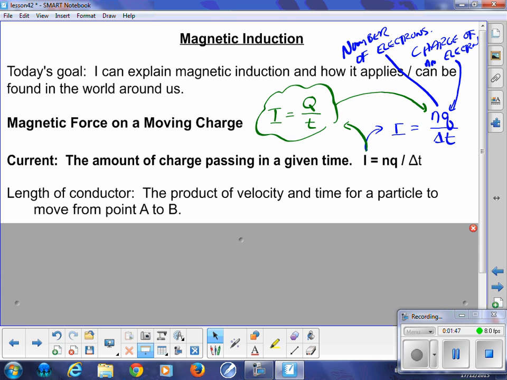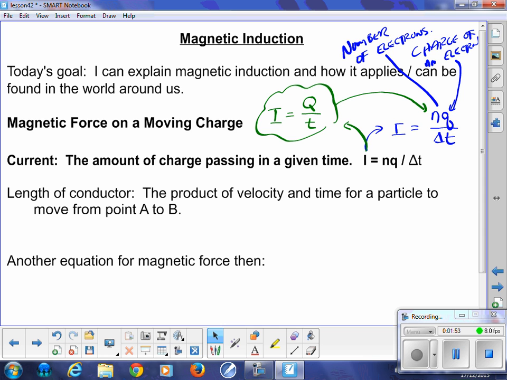So what we want to talk about then is the length of a conductor, the product of velocity and time for a particle to move from point A to point B. So basically all I'm saying here is delta D, the displacement, is velocity times time. That's taken from our kinematics in grade 11.